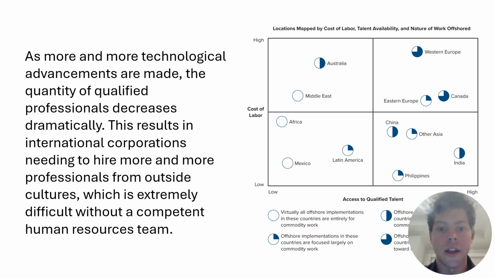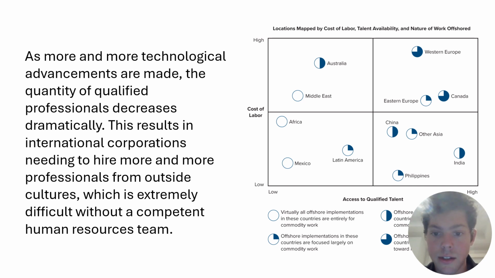So as more and more technological advancements are made in the world, the quantity of qualified professionals decreases dramatically. This results in international corporations needing to hire more and more professionals from outside cultures, which is extremely difficult without a very competent human resources team.